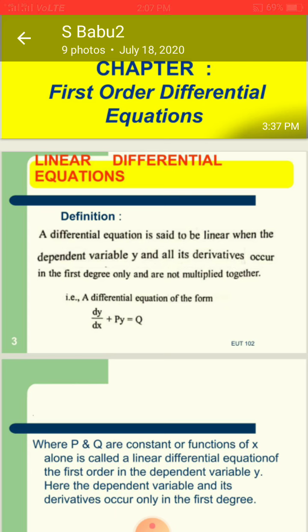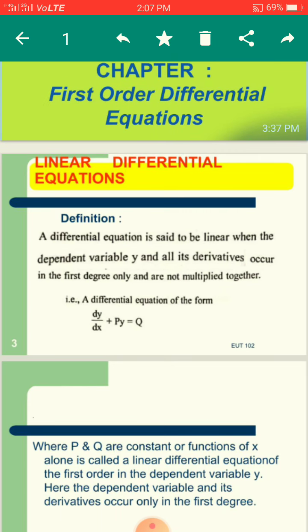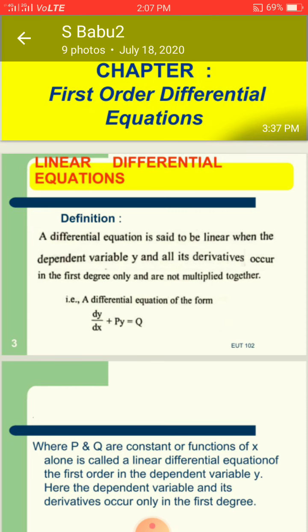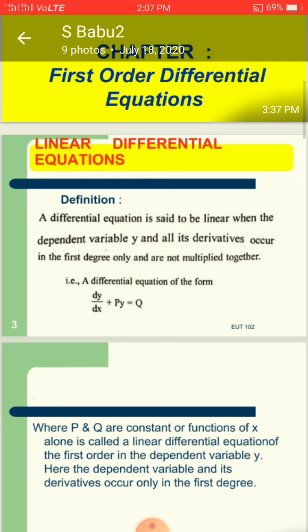Suppose we are given only one arbitrary constant, then we differentiate the curve only once. And if we have two arbitrary constants, then we differentiate the curve two times. And if you are given three arbitrary constants, then we differentiate the curve three times. Like that, we differentiate the curve as many times as we are given arbitrary constants.